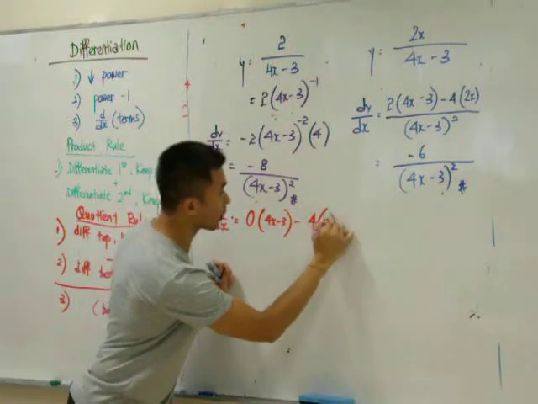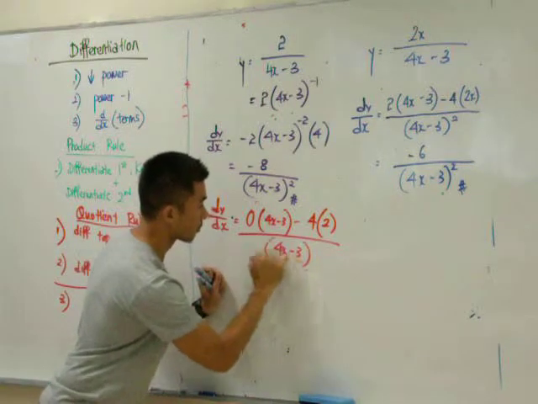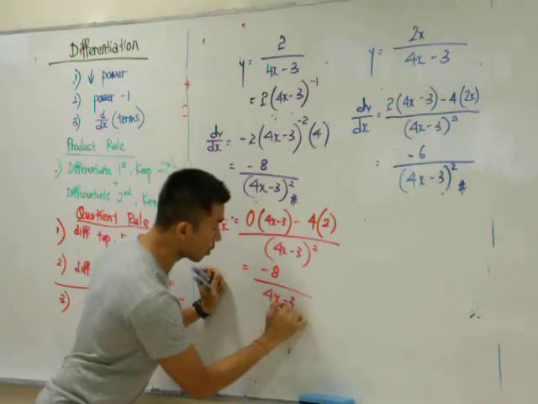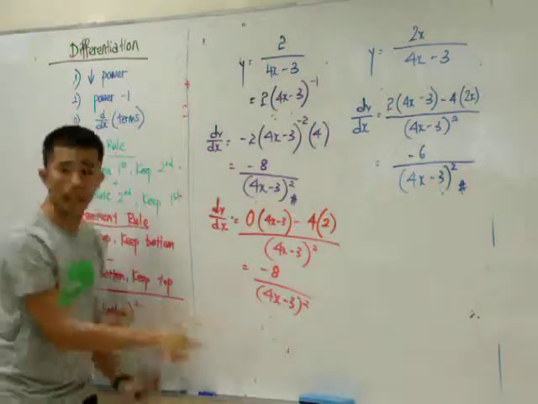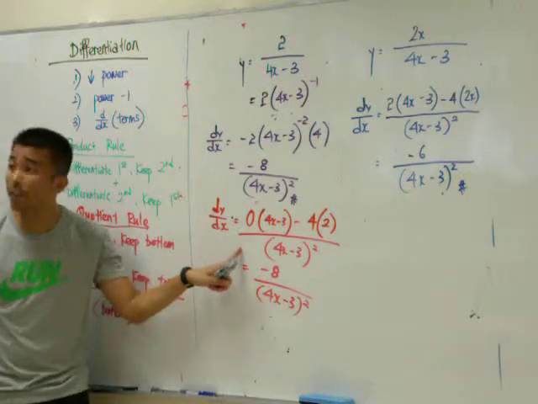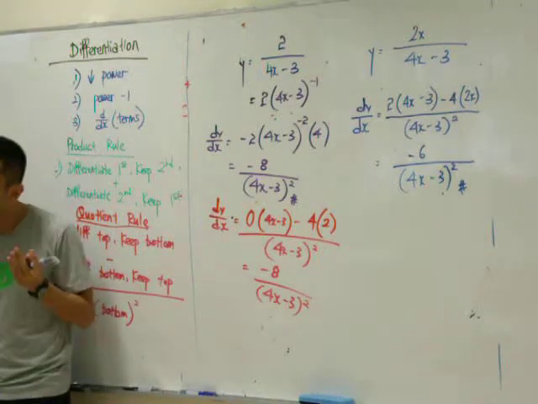Keep the top 2, right? Over bottom square. Do we get the same answer? Correct, right? So even if you want to use a quotient rule for this one, it is still going to be okay, but not necessary.